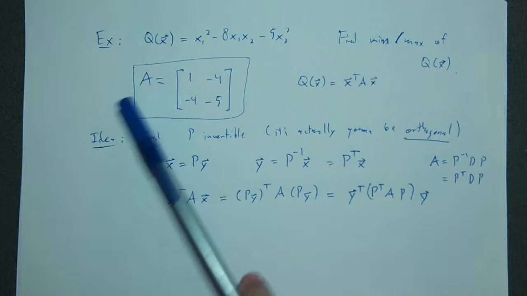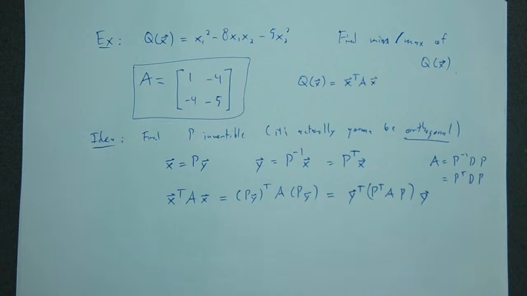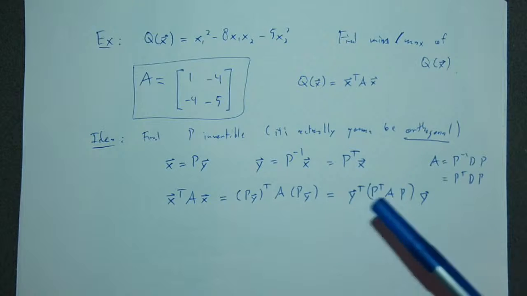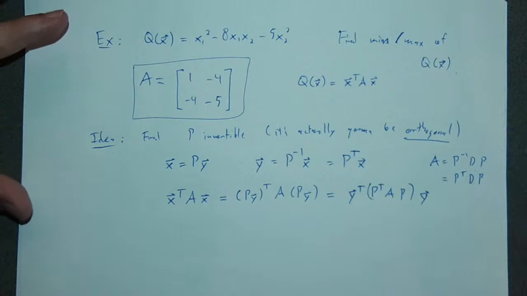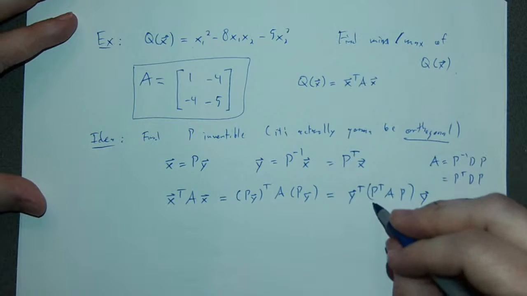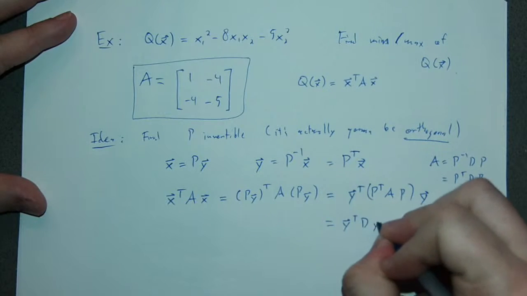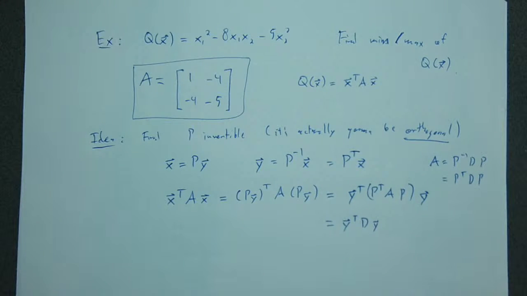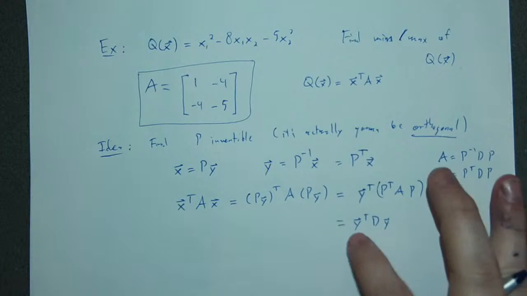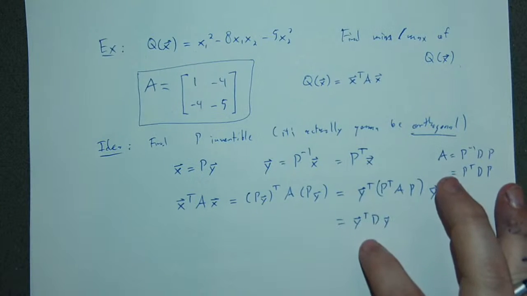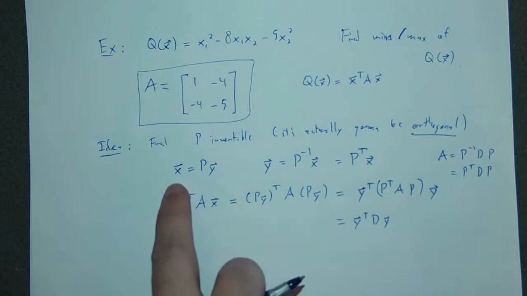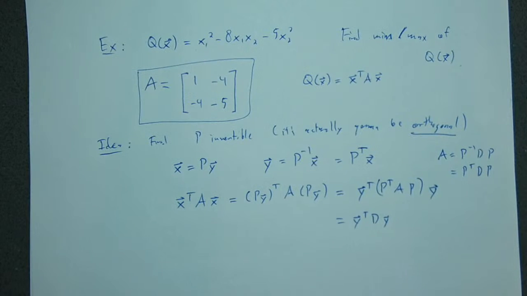If you have a symmetric matrix, that's exactly the kind of matrix that is orthogonally diagonalizable. That's what we did in the first section of chapter 7. And so this is a diagonal matrix, which is more convenient to deal with. Anything that we want to do, we do it in y, and then to go back to x, x is just Py.